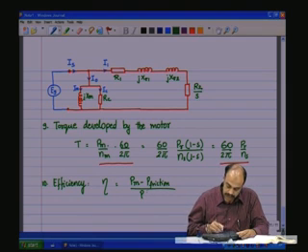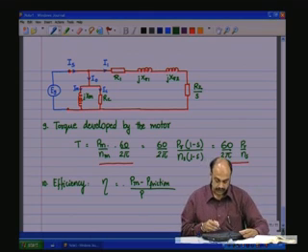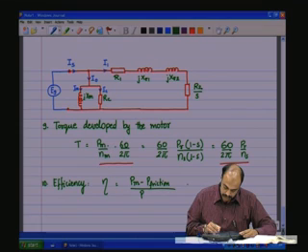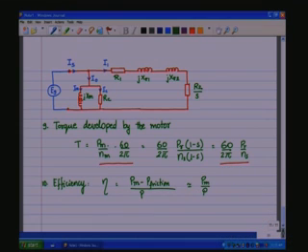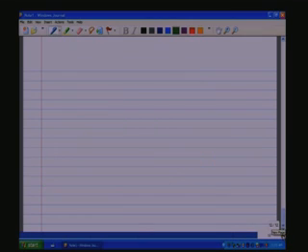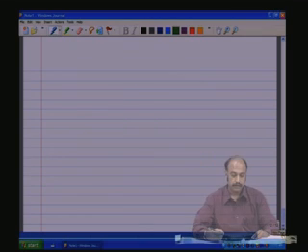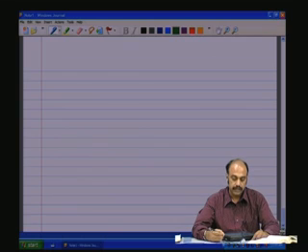So the total input power P, which is calculated. If friction is not known, then you can say PM by P. So all the information can be obtained also directly from the equivalent circuit of the motor.